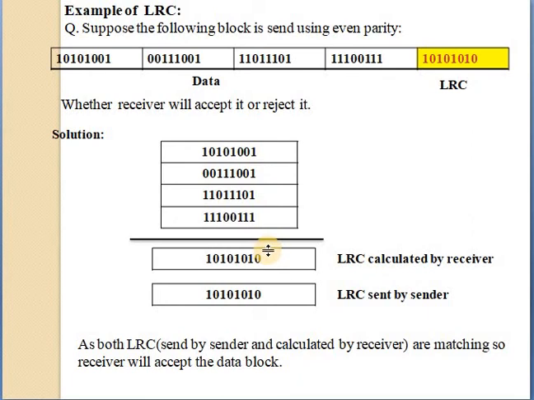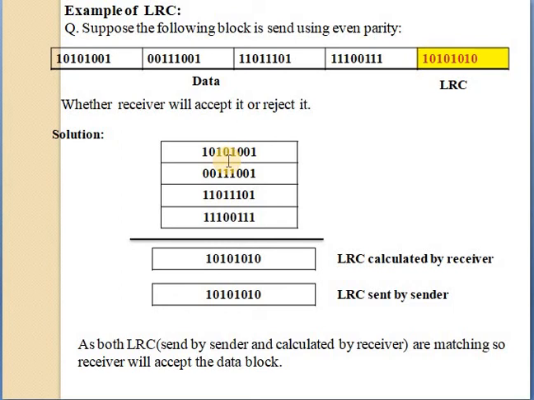In the first column the number of ones is even, so we add 0 as a parity bit. Here the number of ones is 1, so we add a 1 as a parity bit because it is odd. In the third column the number of ones is 2, which is even, so we add a parity bit of 0. In the fourth column the number of ones is 3, so we add a 1 as a parity bit.